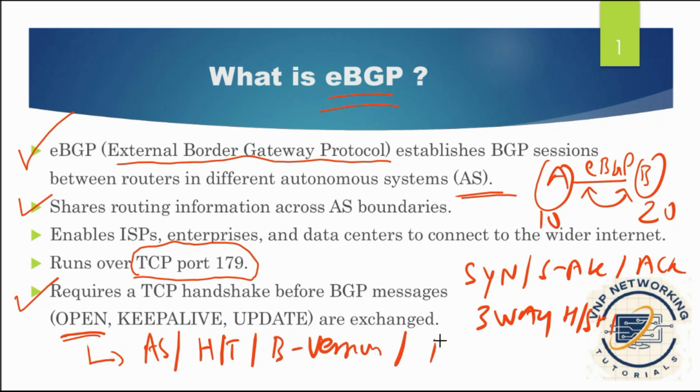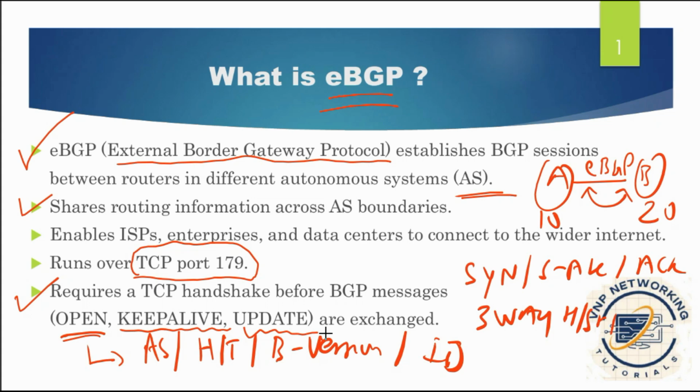After the OPEN message, routers exchange KEEPALIVE messages to maintain the neighbor relationship. Finally, UPDATE messages are exchanged to advertise the network routes. Whatever routes you advertise through the network command will be exchanged using the UPDATE message. These UPDATE messages contain routing information like prefix and path attributes.